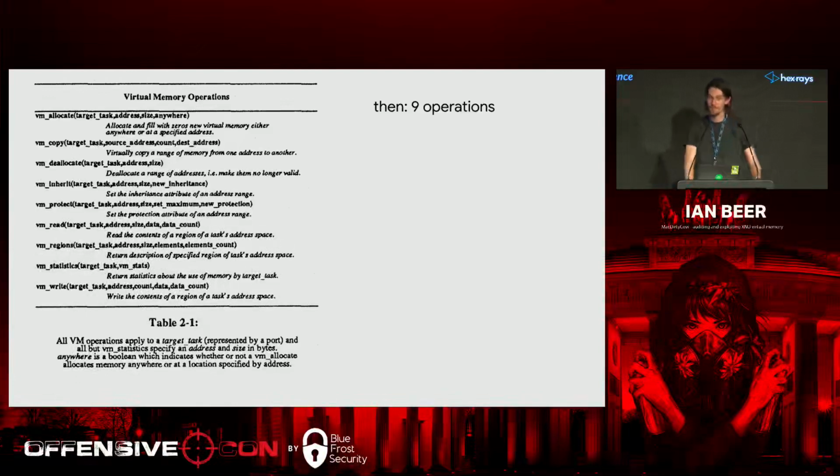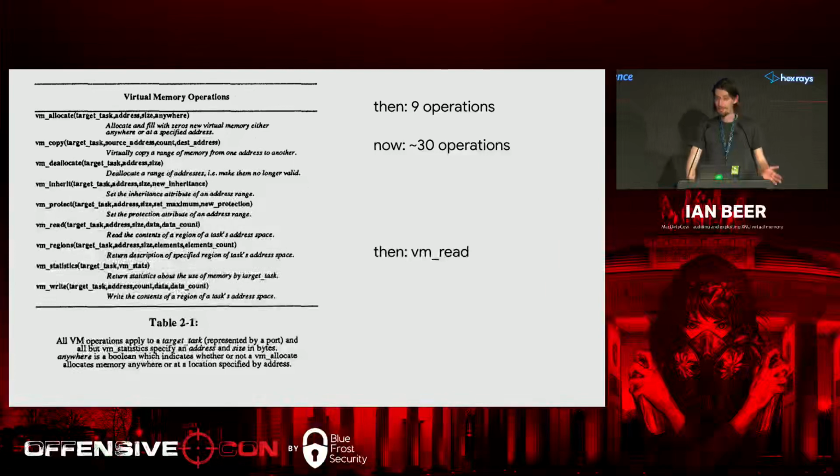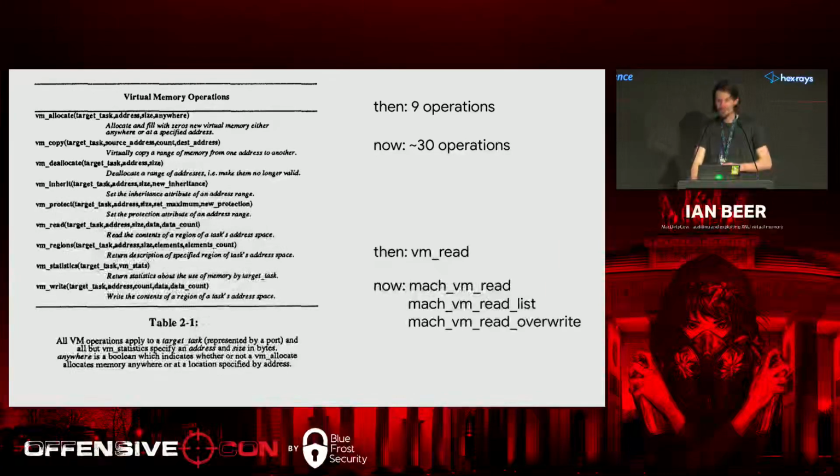Almost all of those APIs are unchanged on the iPhone, and if you're doing regular low-level iPhone development, you are using these APIs. Now it's about 30, if not a few more operations. And then there was one way to read memory called VM read. Now you have MachVM read, MachVM read list, and MachVM read overwrite.